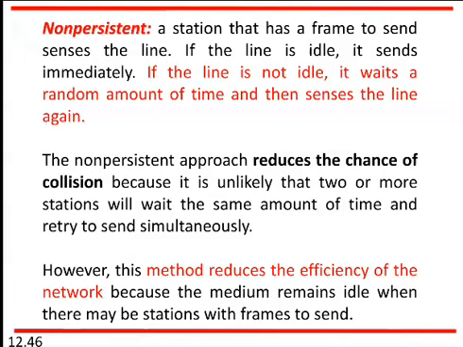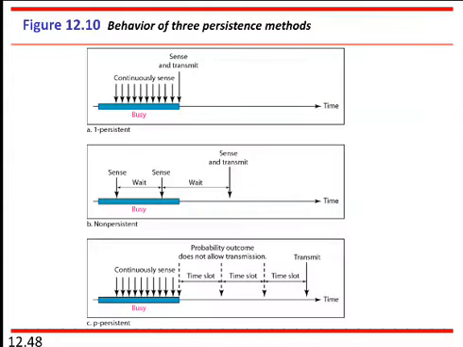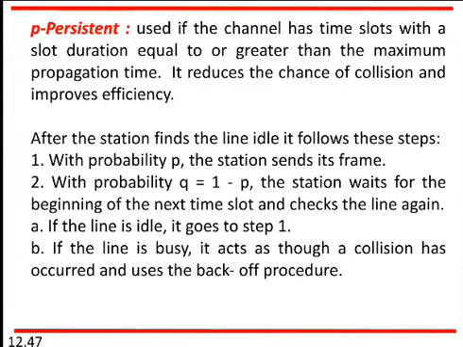But it reduces the efficiency because the medium remains idle even when there is a chance to transmit, or even when there is a provision to transmit, it is in the wait state. You can see here, the station could transmit here, but since it was in the waiting state, it senses after some time and then tries to transmit.